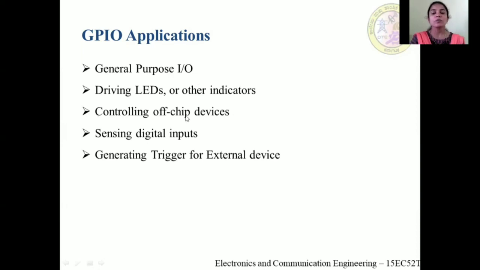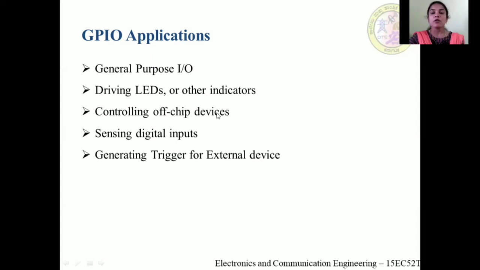Off-chip devices means the devices or peripherals that are connected to the IC pins externally. Those off-chip devices are not there within the IC. The devices which are there within the IC are called on-chip devices or on-chip peripherals.